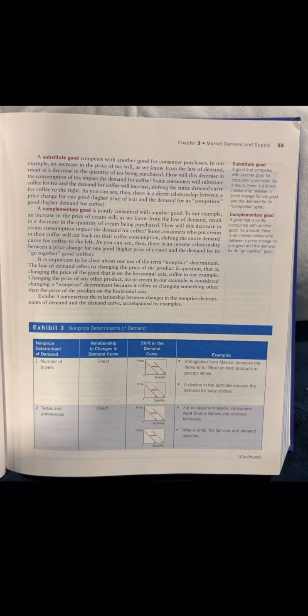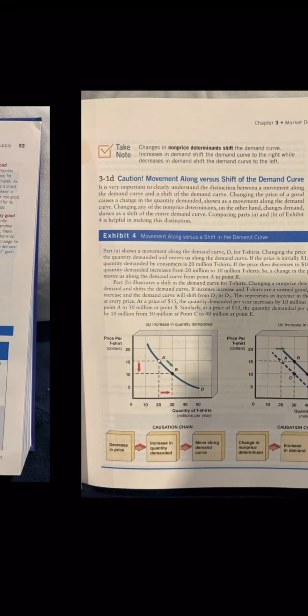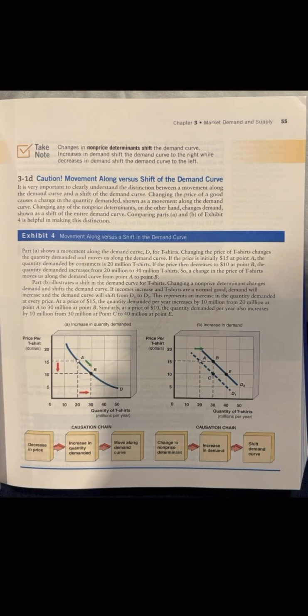Exhibit 3 summarizes the relationship between changes in non-price determinants of demand and the demand curve, accompanied by examples. Exhibit 3, non-price determinants of demand. I will not go over this table in detail. Take note, changes in non-price determinants shift the demand curve: increases in demand shift the demand curve to the right, while decreases in demand shift the demand curve to the left.